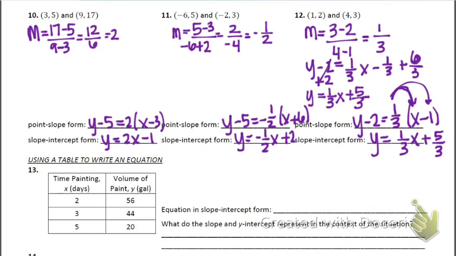Mathematically, when we're talking about graphs and lines, we like to keep everything in the improper fraction. And from here on out, and for the rest of your math career, typically, I won't say always, but I would say like 95% of the time, you are going to want to leave it as an improper fraction.